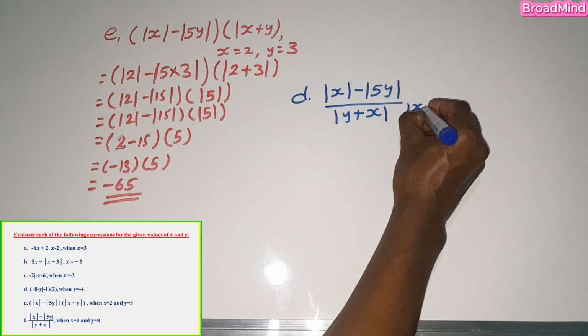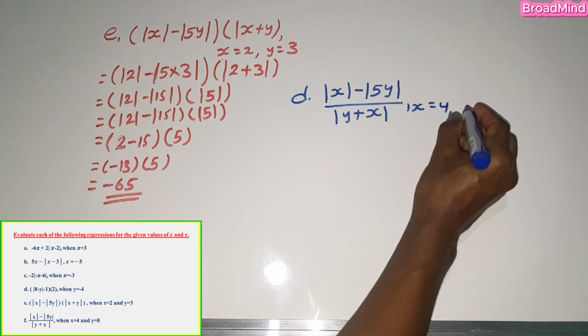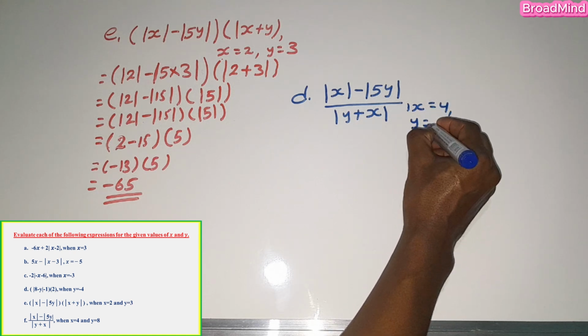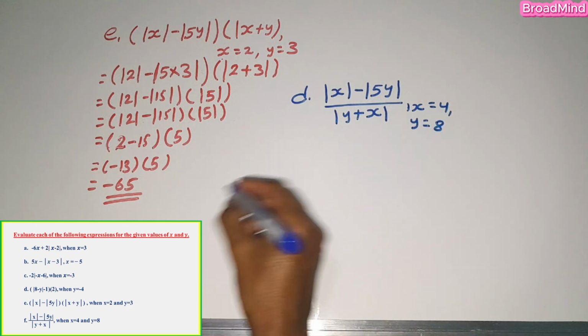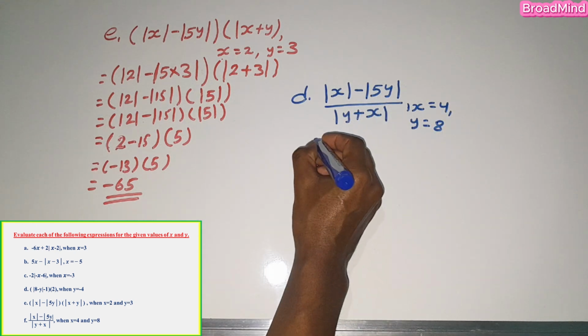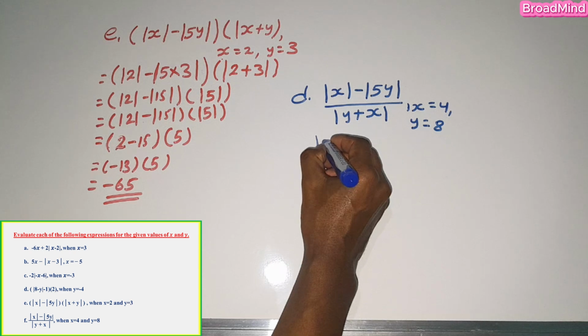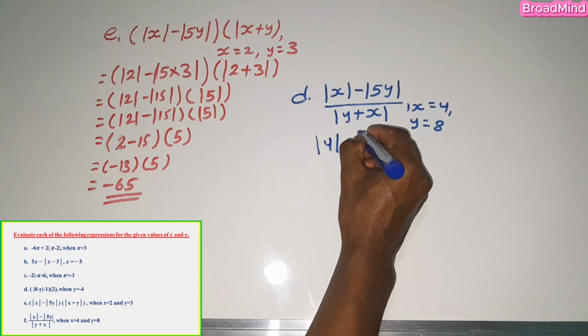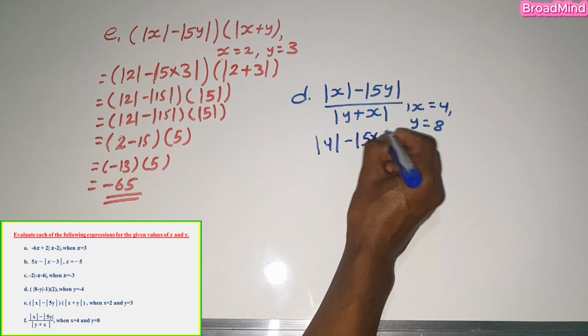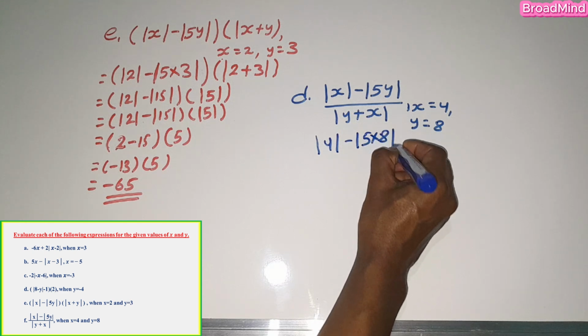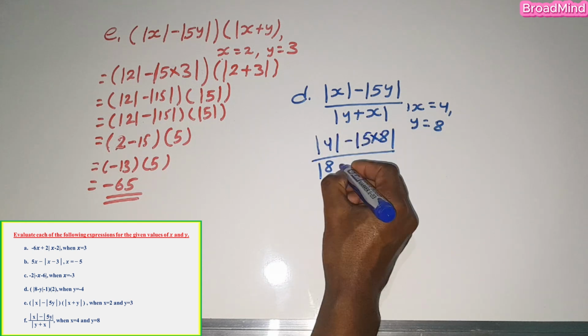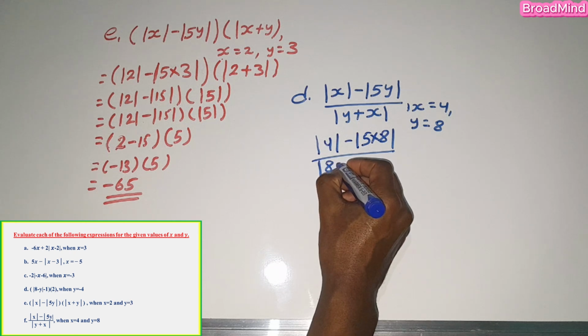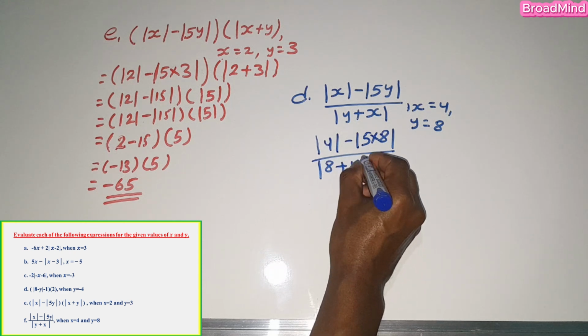When x is equal to 4, y is equal to 8, then absolute value of 4 minus absolute value of 5 multiplied by, instead of y, 8, the whole divided by absolute value of 8 plus 4.